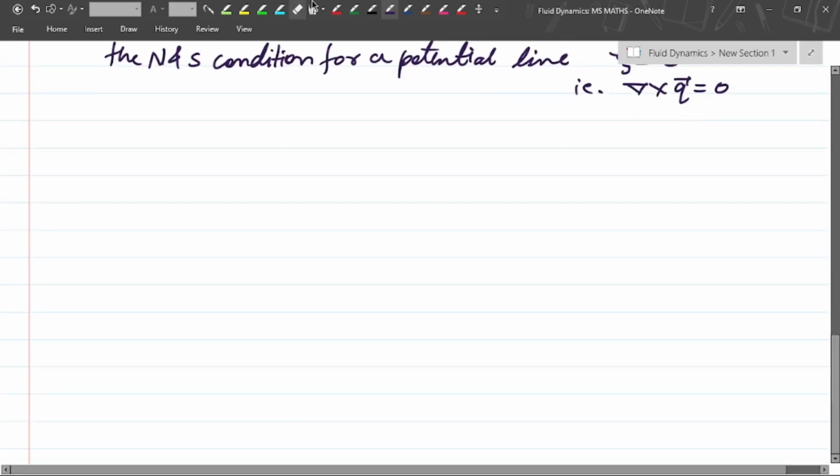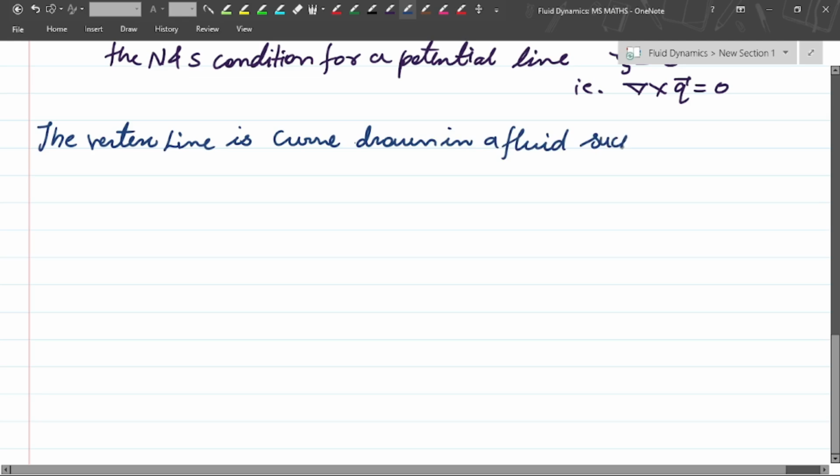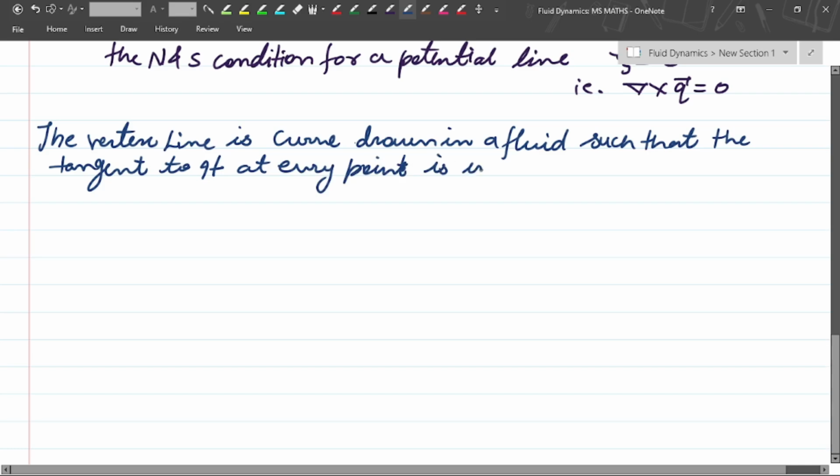So what is the vortex line? The vortex line is a curve drawn in a fluid such that the tangent to it at every point is in the direction of the vorticity vector.